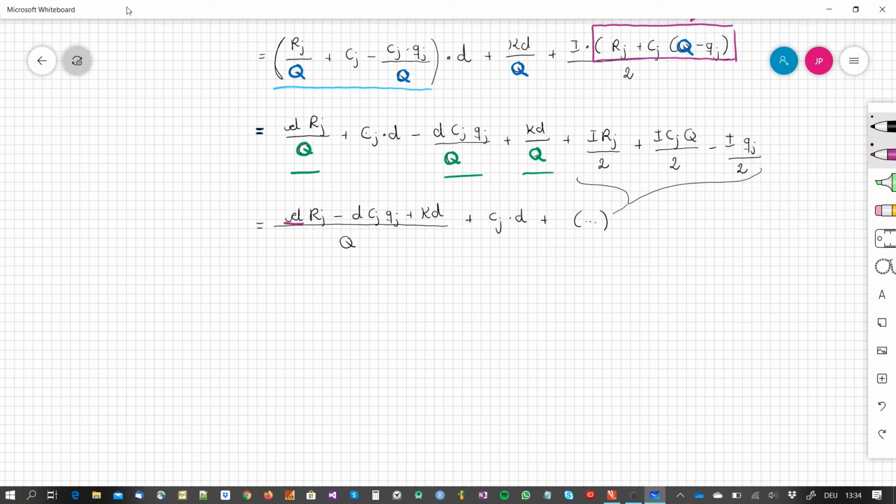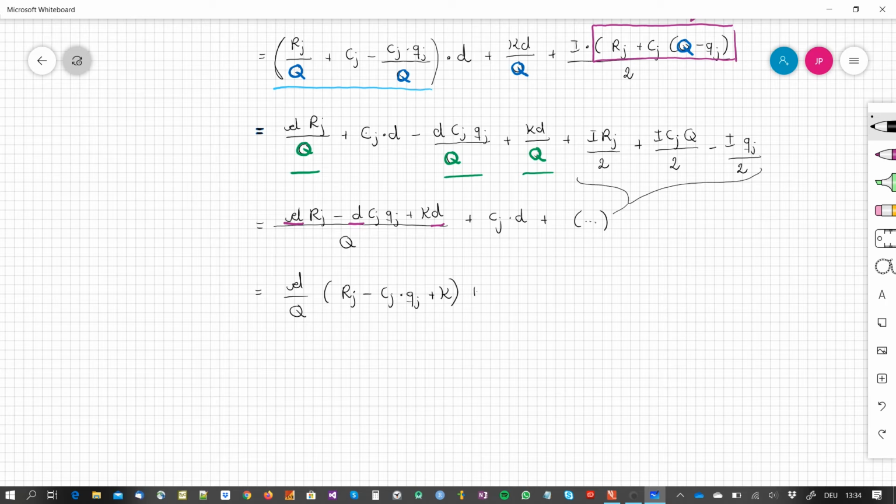Now we can see in the first fraction that we have a D here in every one of the terms. So we can rearrange this and say D divided by Q times (r_j minus c_j little q_j plus k).